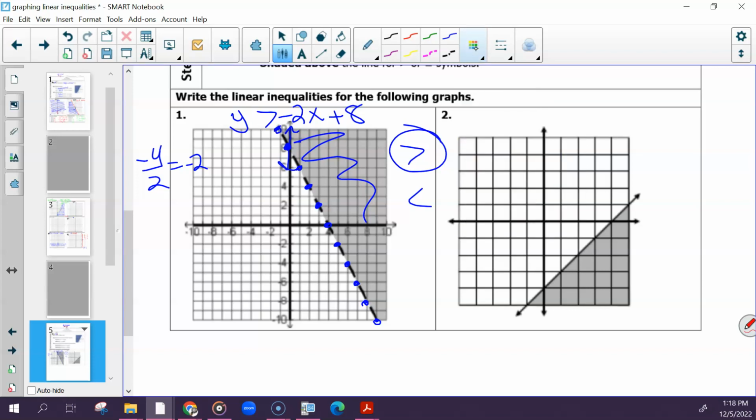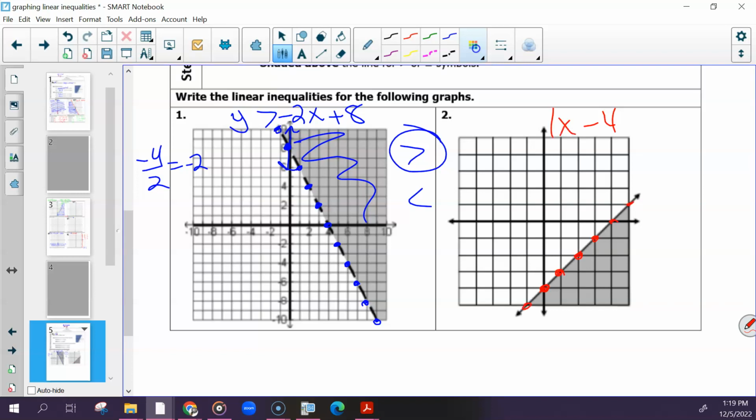Alright, for number 2, what's your y-intercept? Where does it cross your y-axis? Our slope is what? 1. I'm going up 1 to the right 1. And that pattern follows.